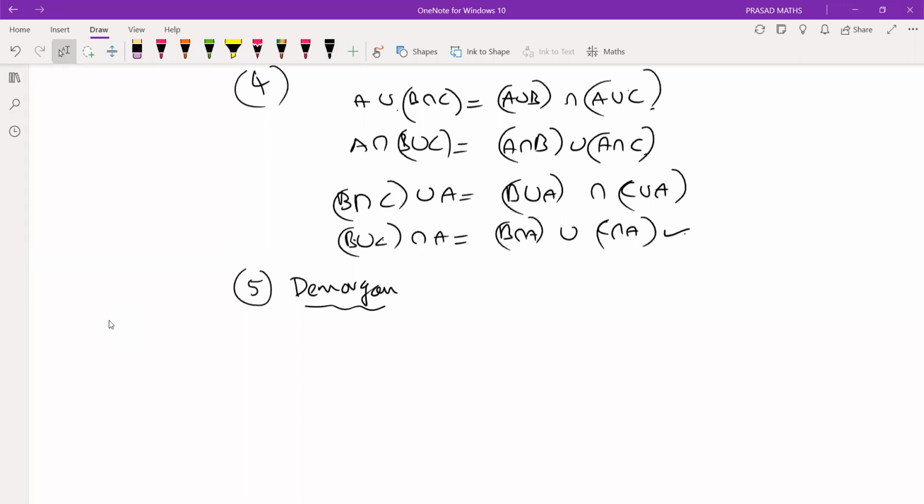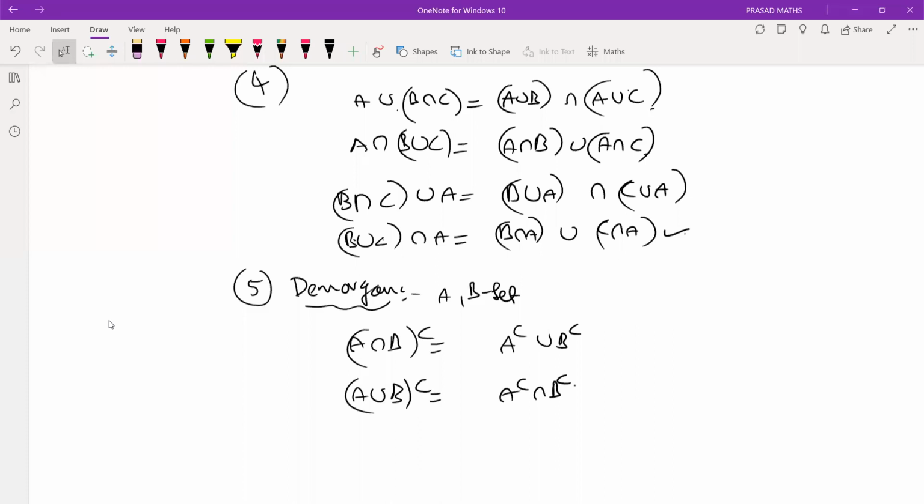Next is De Morgan's laws. These are very, very important once you go through analysis, so I am giving the basics. Suppose A and B are two sets. A intersection B whole complement: the complement of the intersection is nothing but the union of the complements. Of course, the complement of the union is nothing but the intersection of the complements. This is true not only for two sets, but for any countable or uncountable collection.